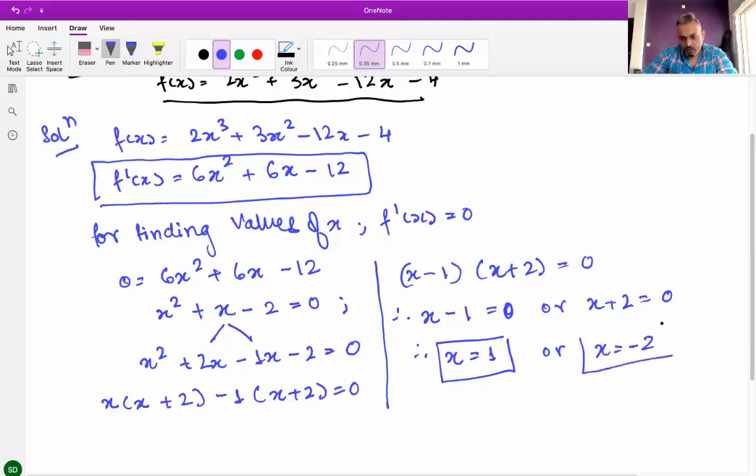Now we are getting two values of x. So we have to see at what value the function is maximum and at what value the function is minimum. So this is step 1, and we found the values of x.